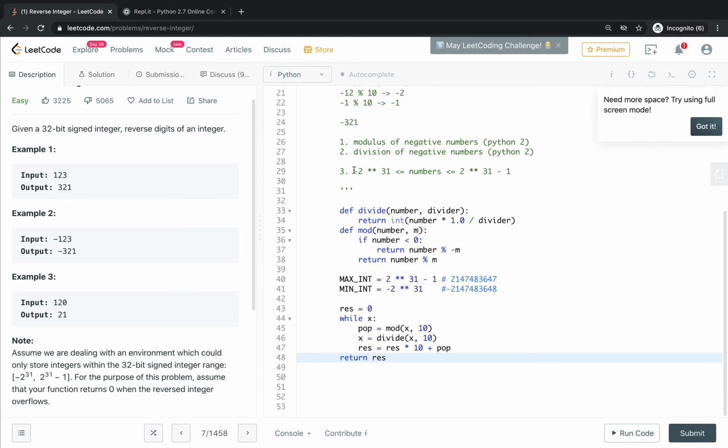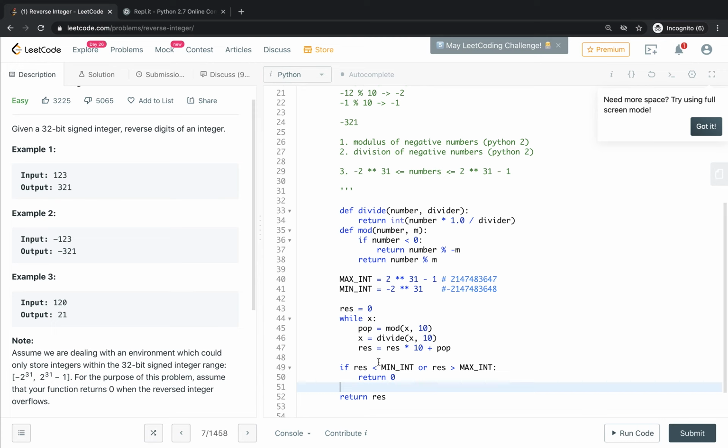Now we have to make sure that if we're overflowing past these numbers, we return 0. You might be tempted to do something like this: if res is less than min int or res is greater than max int, return 0. And I think this would actually work in our interpreter, but it is not correct from an interview standpoint.